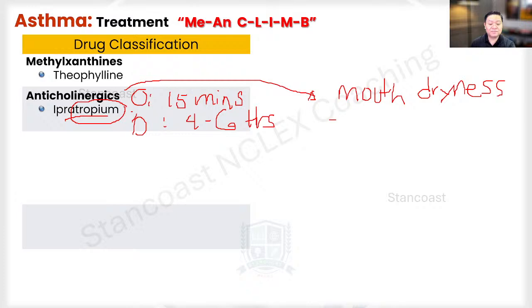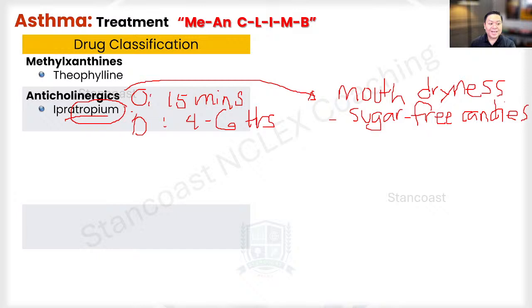Well, you're going to have to allow the patient to suck on sugar-free hard candies. Okay? This is a very common intervention that you should know about. This is a must know. They need to suck on sugar-free candies because we really don't want to cause their blood sugar to spike. And so make sure that you are offering them, or at least they have this food item readily available.